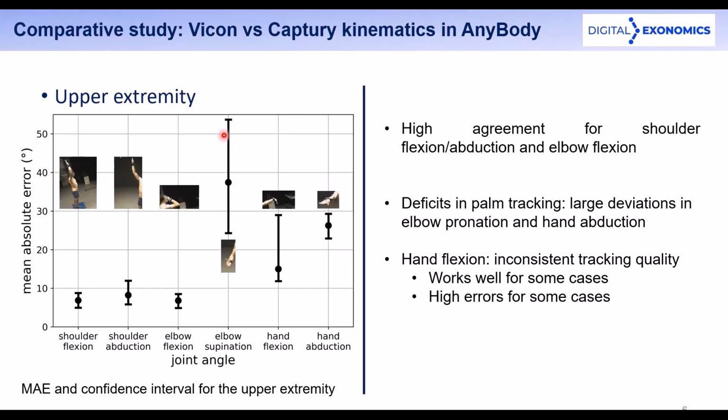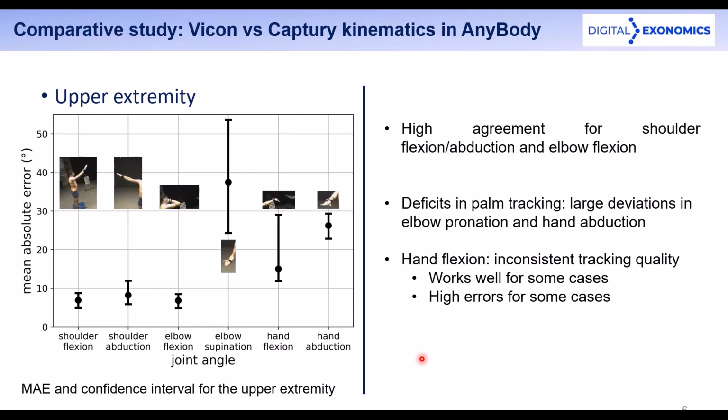For this degree of freedom, the markerless system really fails to capture the position of the hand or of the entire forearm accurately, and therefore we get a huge deviation when we compare it to the marker-based gold standard. For hand flexion and abduction, we also see higher errors, and in the case of hand flexion, very high deviations or high confidence intervals.